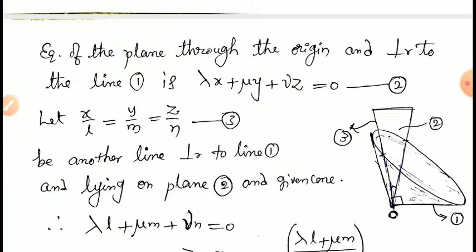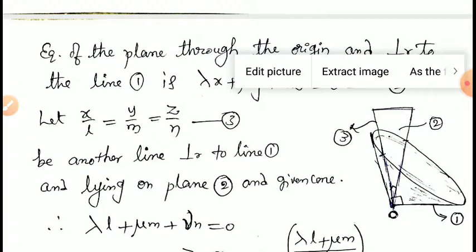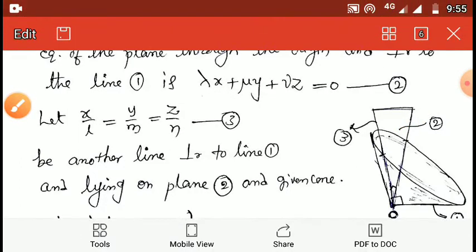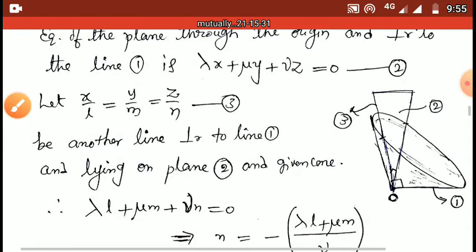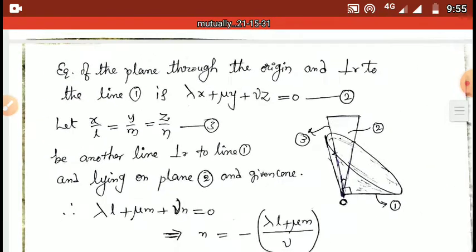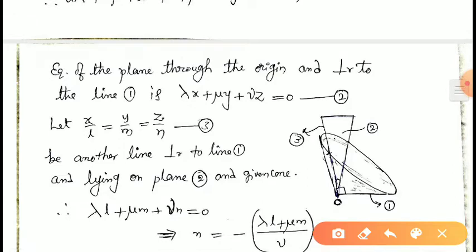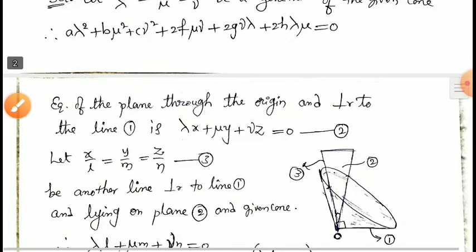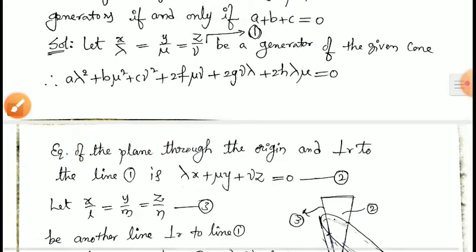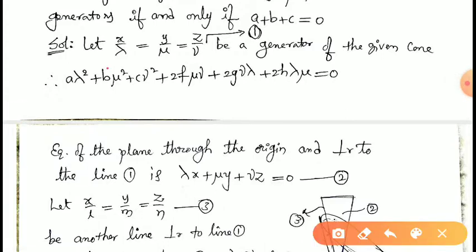So this plane is shown by 2 in this diagram. So see this. Let x by lambda, y by mu, z by nu be a generator of the given cone.